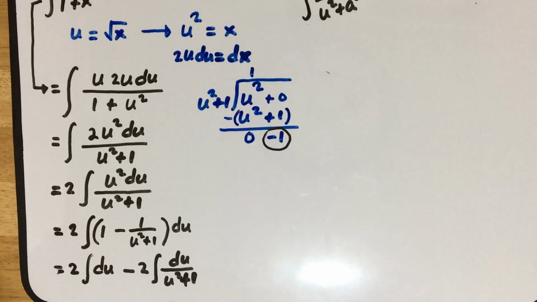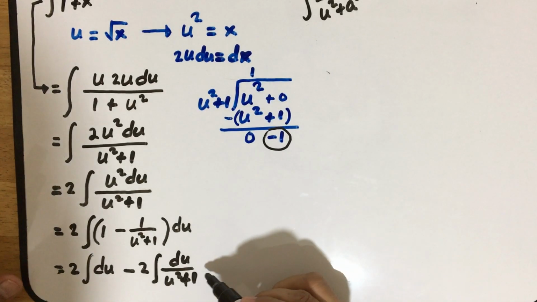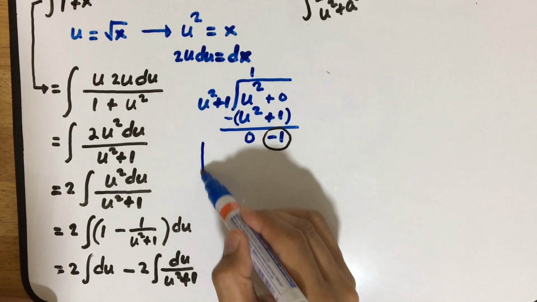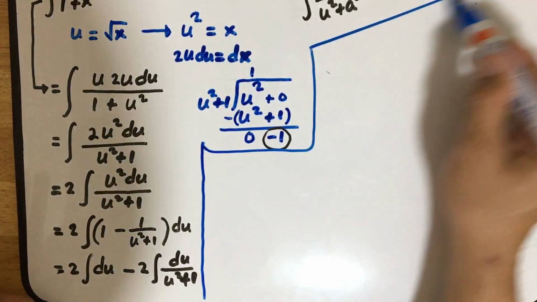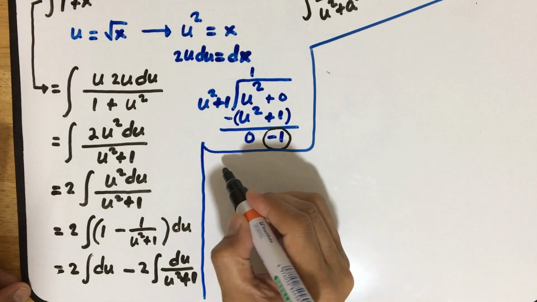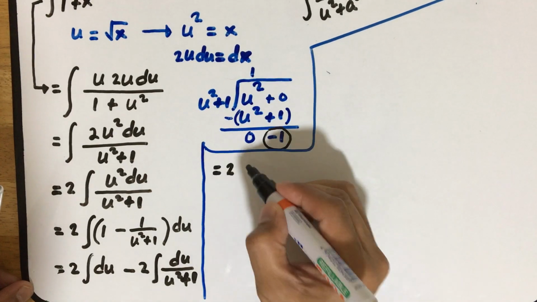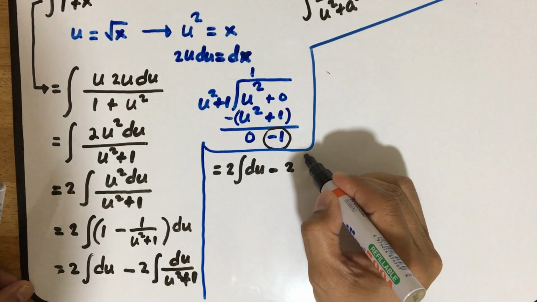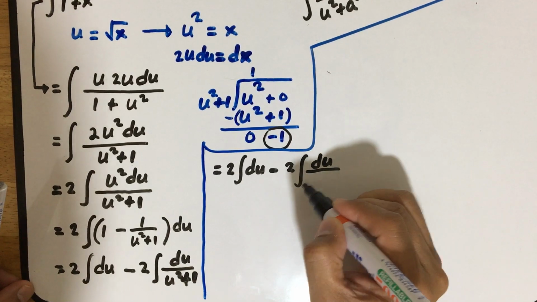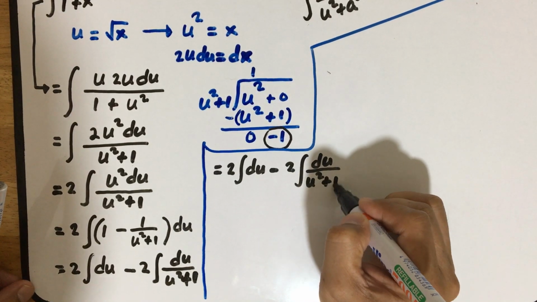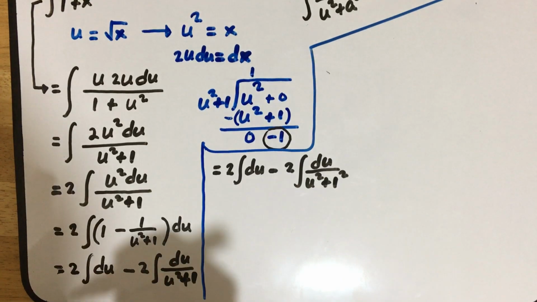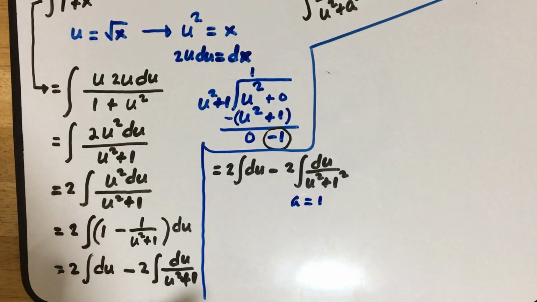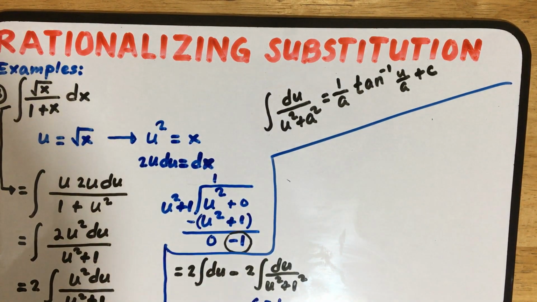We can write this as 2 times the integral of du minus 2 times the integral of du over u squared plus 1, which can be written as 1 squared. So from here, our a is equal to 1.